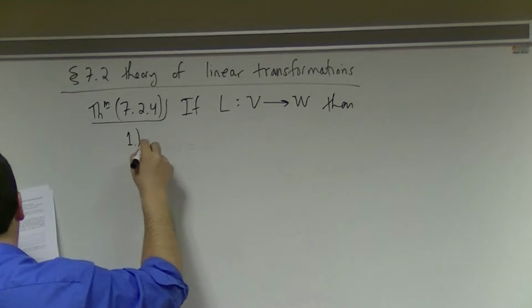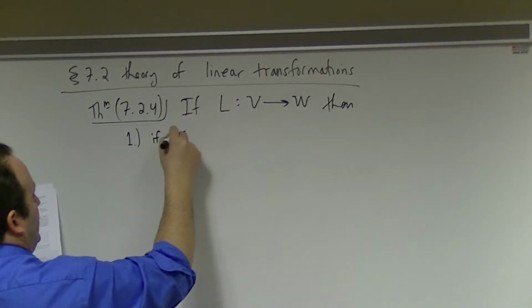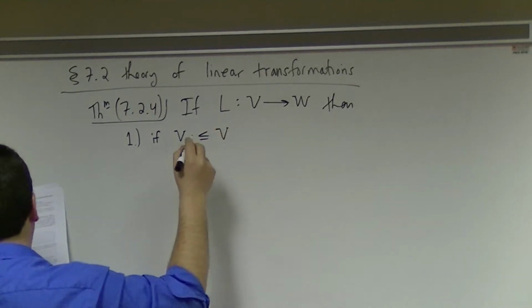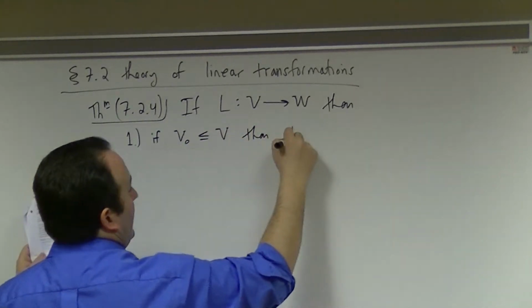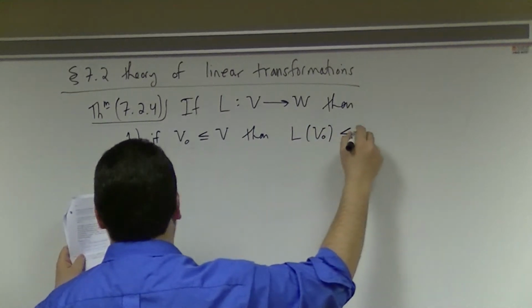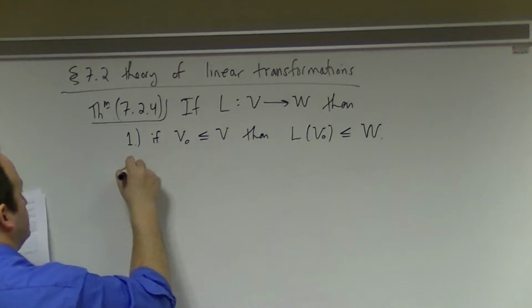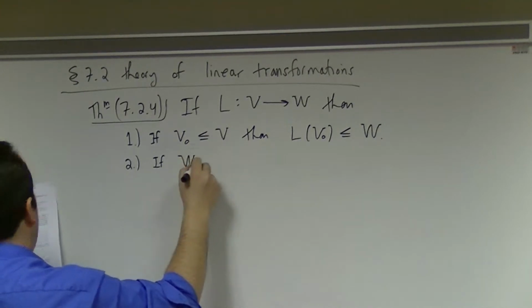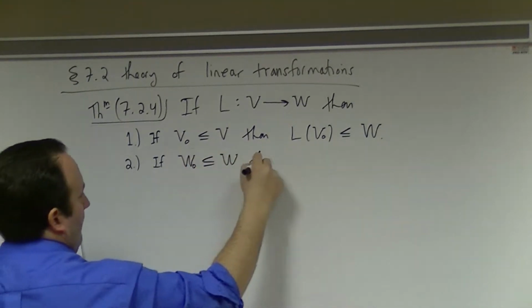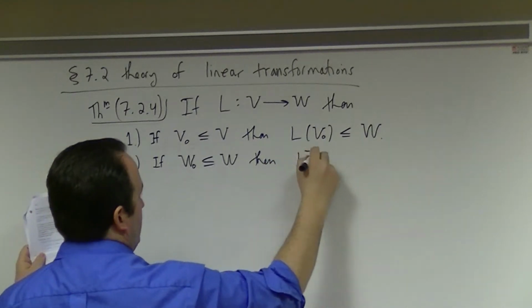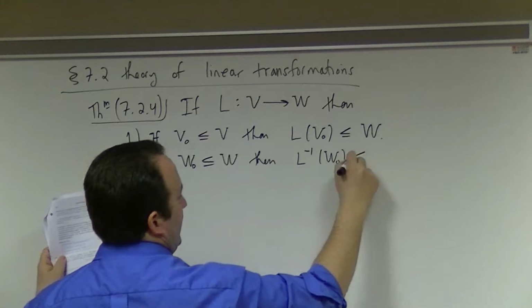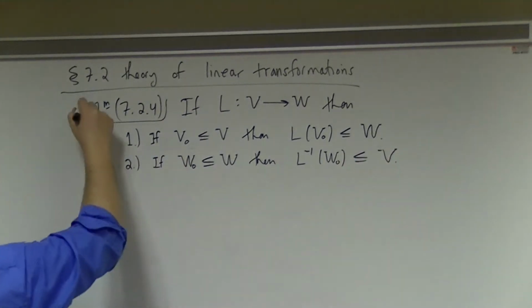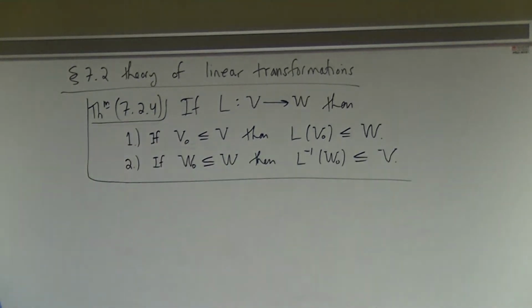Number one, if V naught is a subspace of V, then L of V naught is a subspace of W. Two, if W naught is a subspace of W, then the inverse image of W naught is a subspace of V. In other words, linear transformations take subspaces to subspaces.